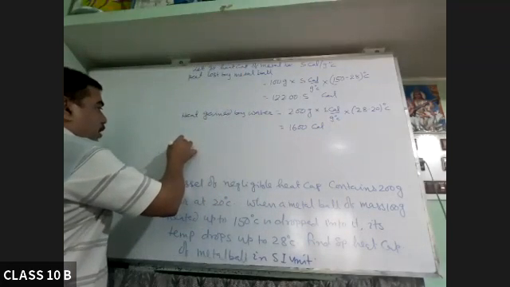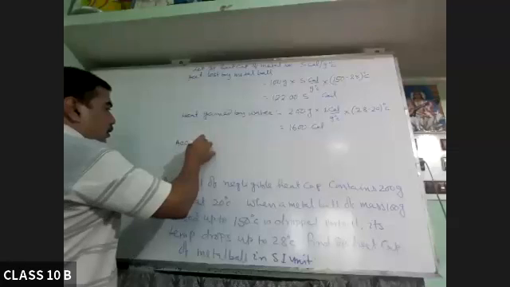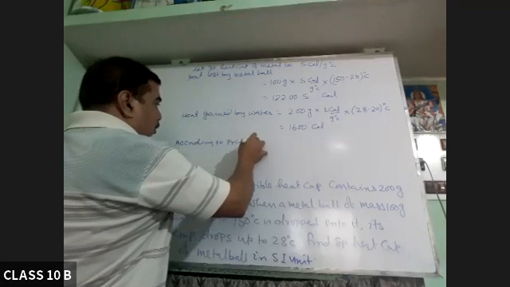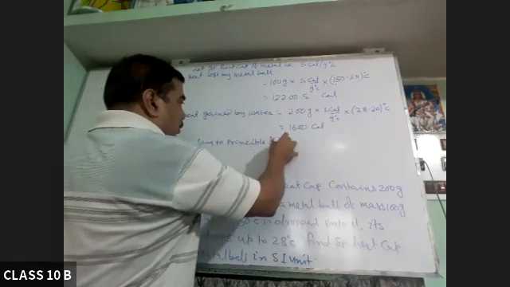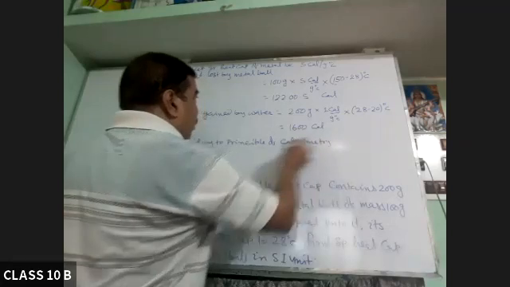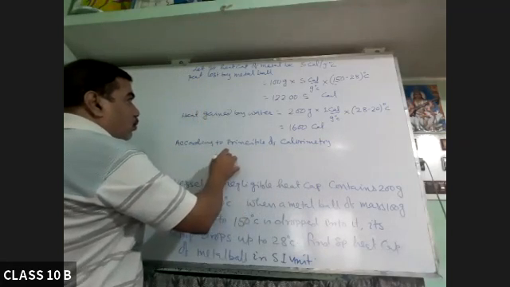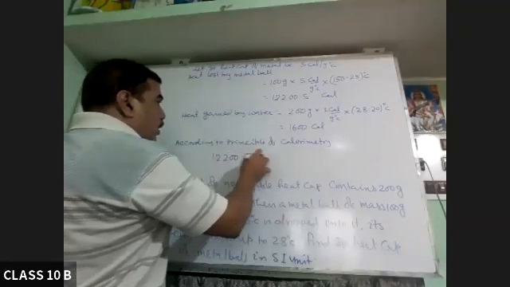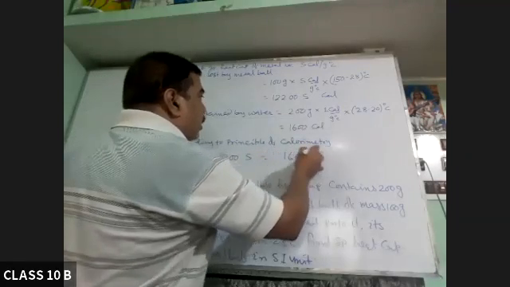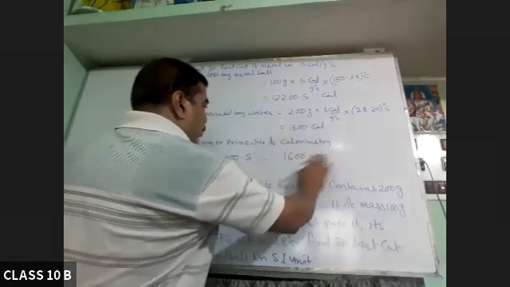Now according to the principle of calorimetry, what will be? So 12200 S will be equal to 1600. Both are calorie only.